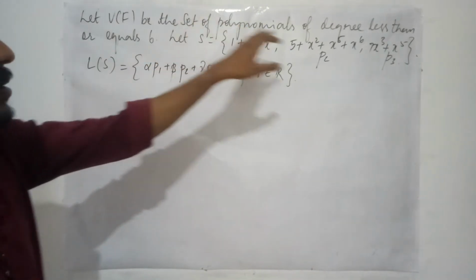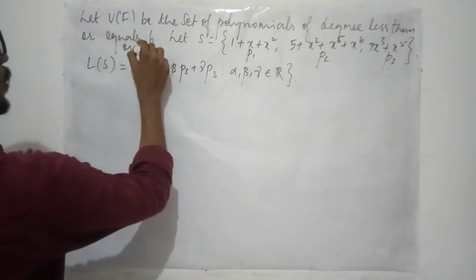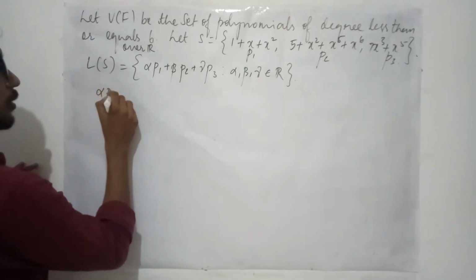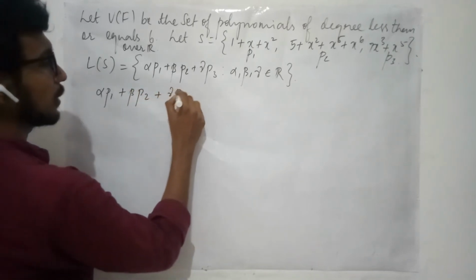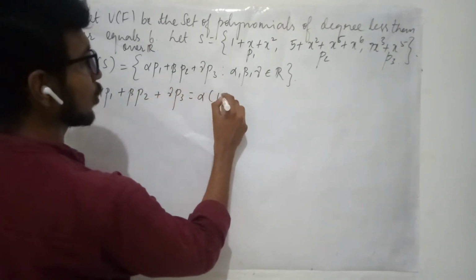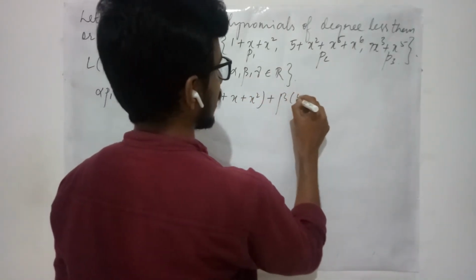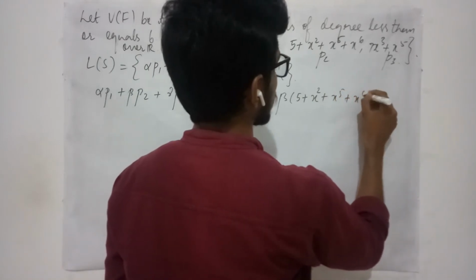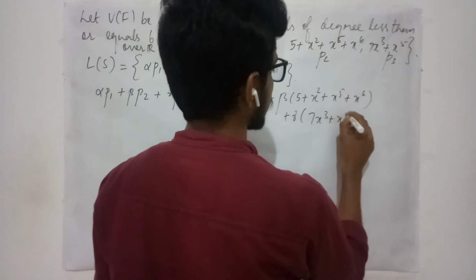Because I am considering the set of all polynomials of degree less than or equal 6 over R. Okay, so what is alpha P1 plus beta P2 plus gamma P3? It is alpha times of 1 plus x squared plus beta times of 5 plus x square plus x power 5 plus x power 6 plus gamma times of 7x cube plus x power 5.